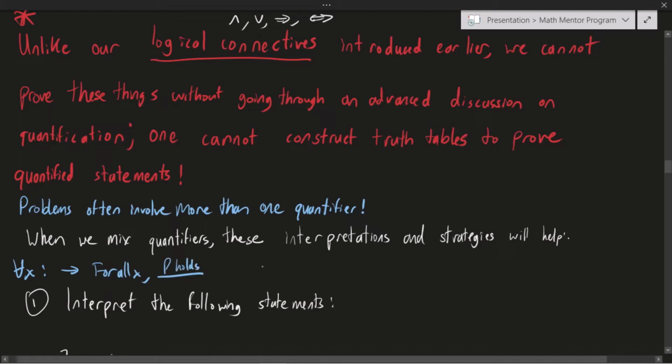And when we say "there exists an x," we usually want to say "there is an x such that." This "such that" is really important and will help you when you're trying to parse through complicated formulas, as we will do next week.